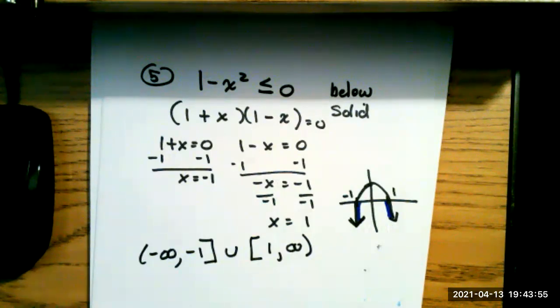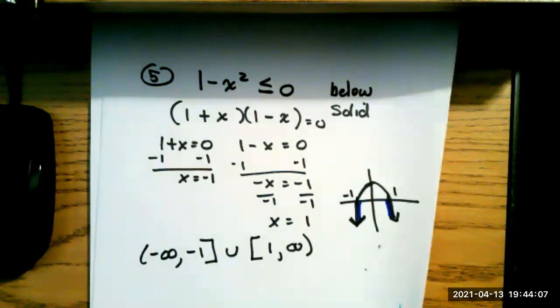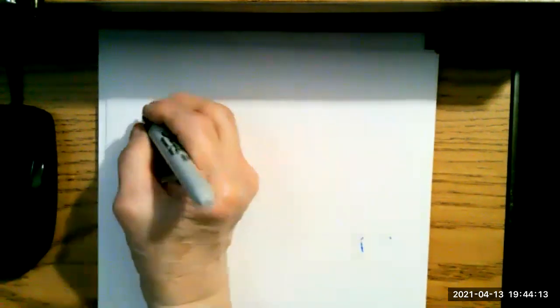Okay, let's see. In 5.1, let me see if there's anything that's hard in 5.1. I didn't even do a lecture on it because it's stuff we've done already. Let's look at number 2.